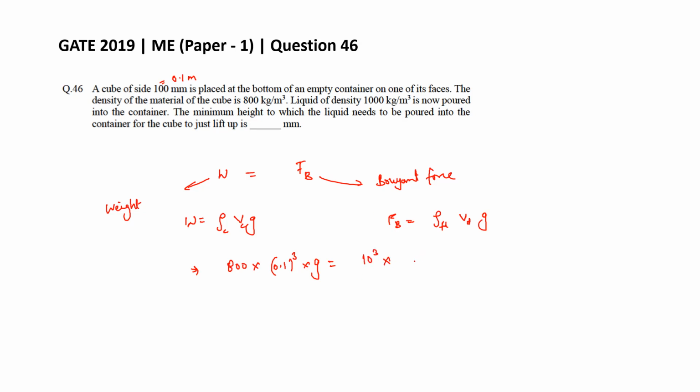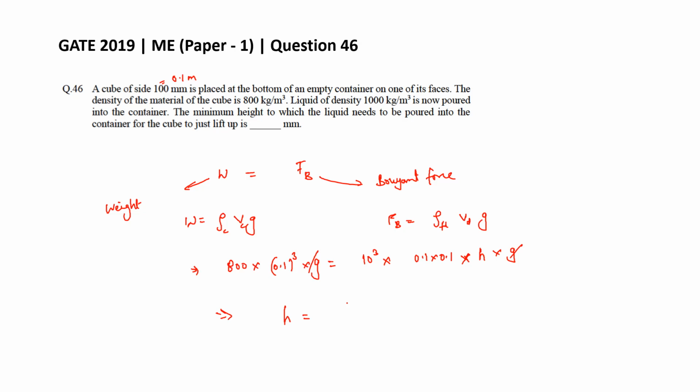Now the volume displaced will be the area of the cross section, which is the same as the cube, so this is 0.1 into 0.1 times the height H up until which this is filled, so that it lifts the cube basically, and then g comes. So you just need to solve this for H.